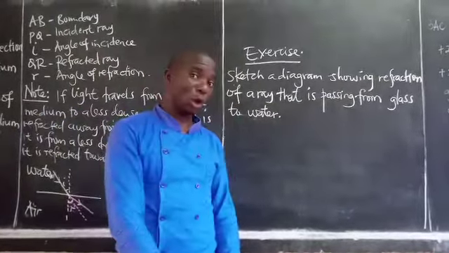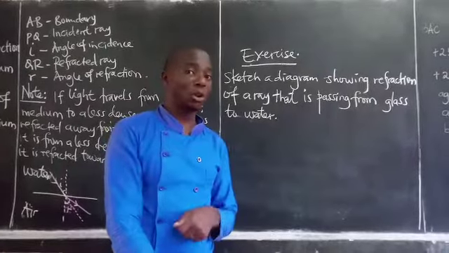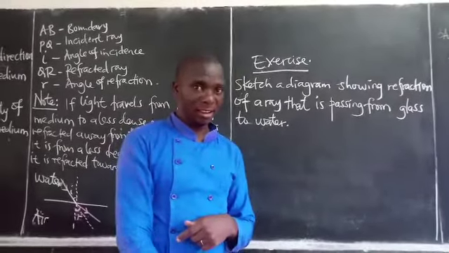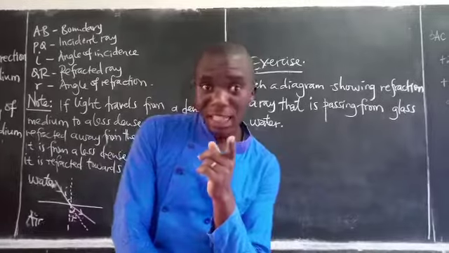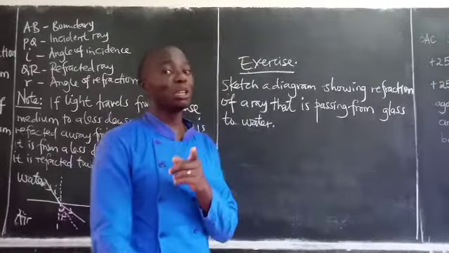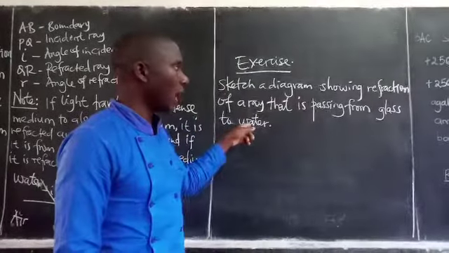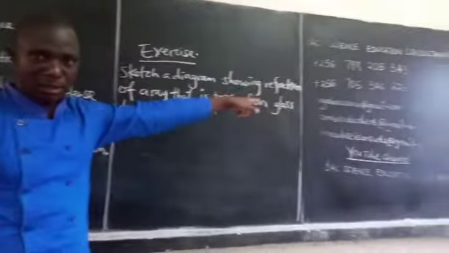You have to first know which one is denser than the other, glass or water. Then please don't forget the song. I don't want to repeat it. Do this work. Send it to us.